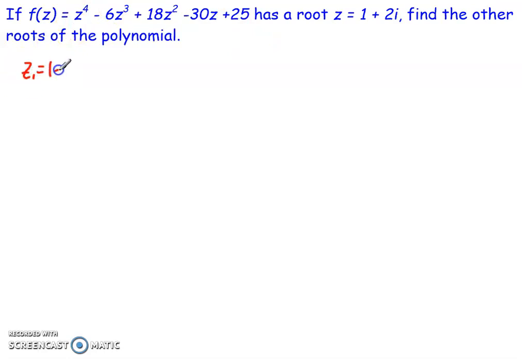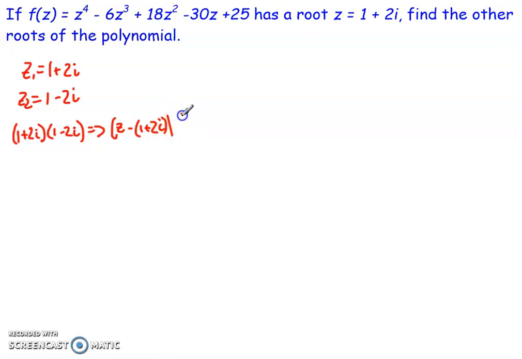First root z1 is 1 plus 2i. So based on the theorems that we've talked about before, I've also got a root 1 minus 2i. So z1 is 1 plus 2i, z2 is 1 minus 2i. What I can then do is multiply them out: I do z, take away the 1 plus 2i, and I multiply that by z, take away the 1 minus 2i.